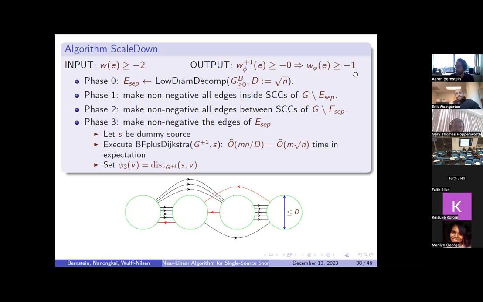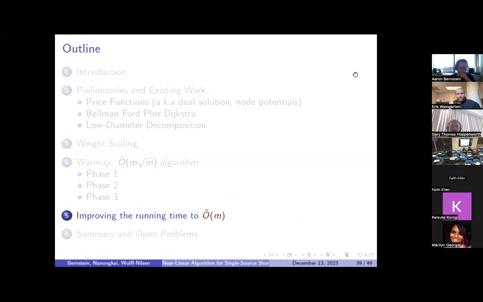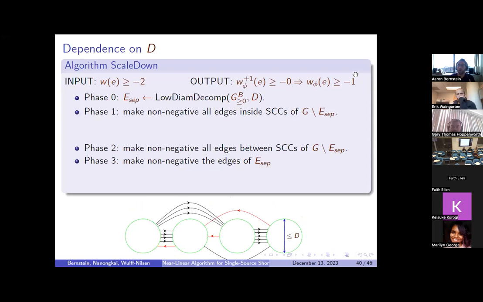So the next step is to talk about how we get this to be near linear time. Let's talk about why our current approach is stuck at Emmerich. It's basically because when we run low-diameter decomposition, we have to pick this parameter d for the diameter of the balls, of the components.